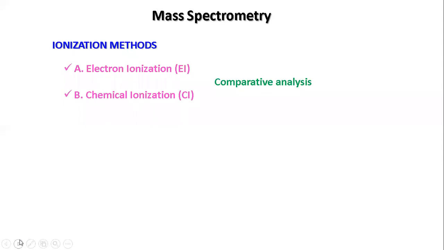It enhances the vibrational frequency, and the molecule gets apart, meaning the molecule breaks down. So in electron ionization, it is very difficult to identify the molecular ion. In most cases, we don't find the molecular ion. The molecule always gets fragmented.